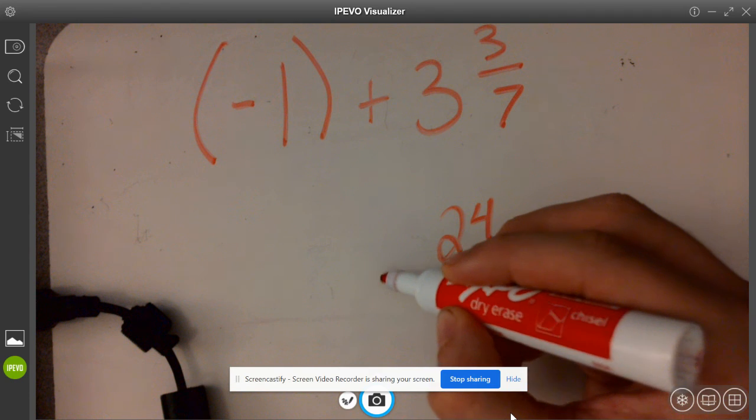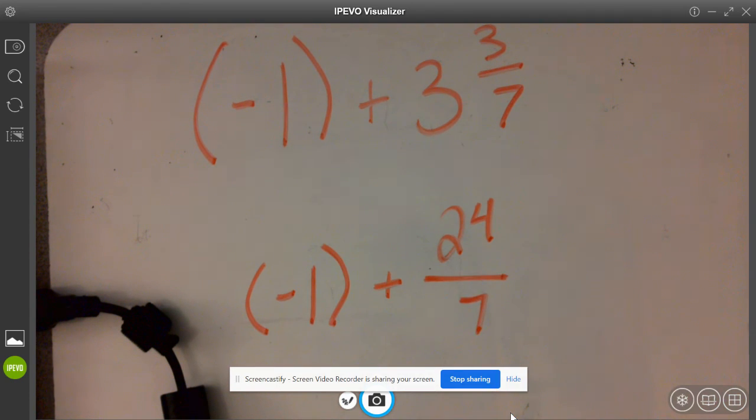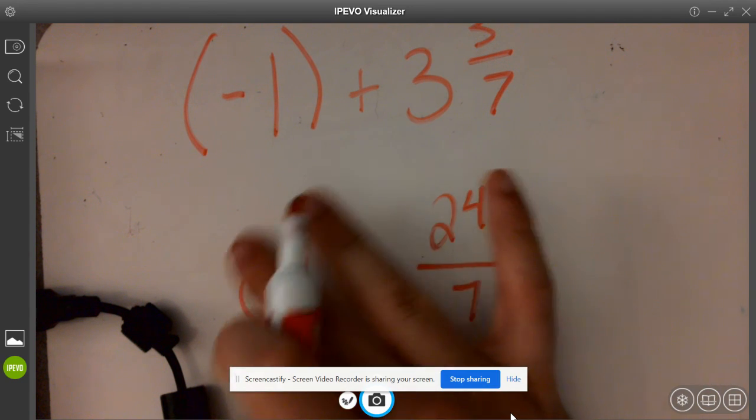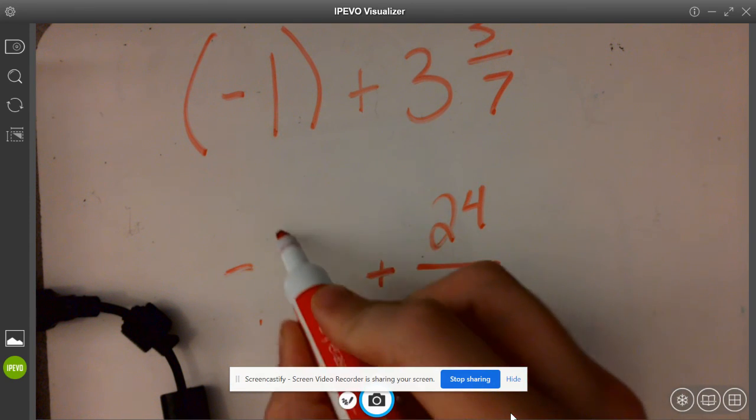And then we have this -1. How can we represent -1 with a denominator of 7? We still need common denominators. And what I would do is, you guys were pretty good with this. It's going to be negative. And how can we represent 1 with a 7 in the denominator?